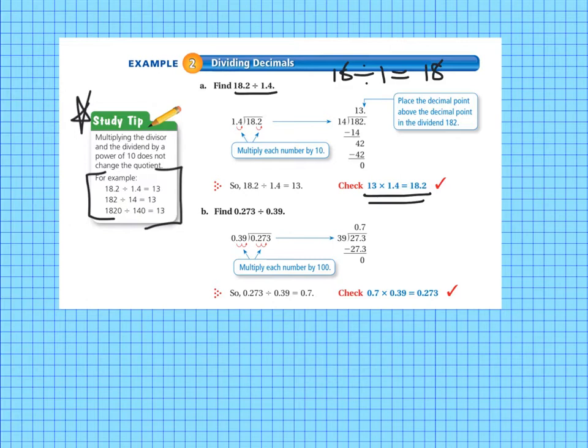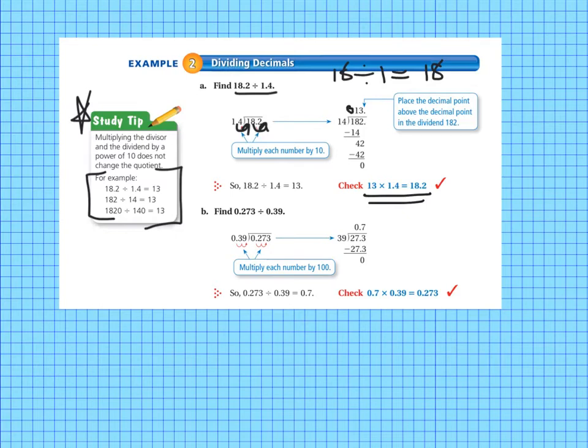So you're going to multiply each number by 10, which is the same as moving the decimal point one place to the right, and then you do your division. So 14 doesn't go into 1, but it goes into 18 one time. So you put the 1 over the 8, not over this 1.